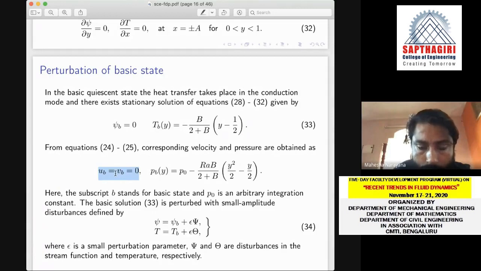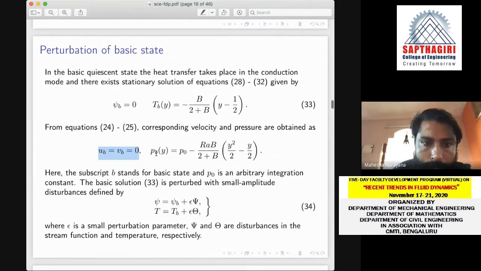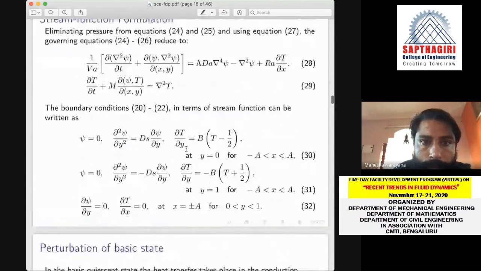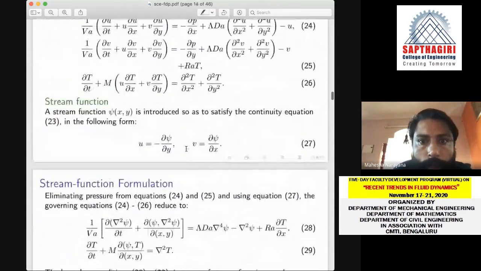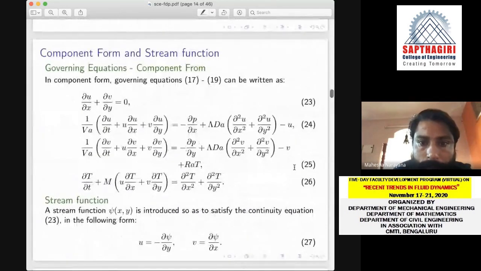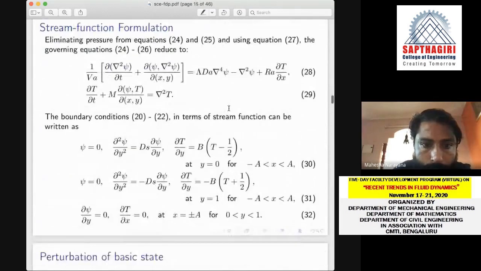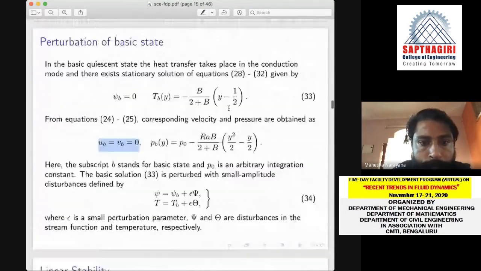There is no flow before the convection starts. Okay, and you can get the pressure in the basic state by using equation 25. Okay, so by balancing the pressure with the buoyancy term in the quiescent state.